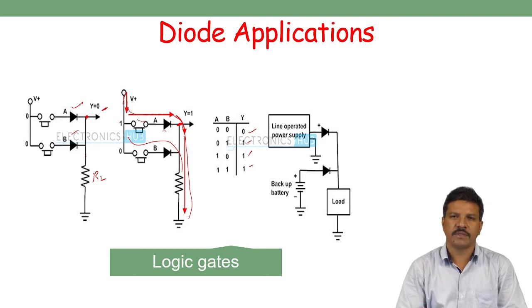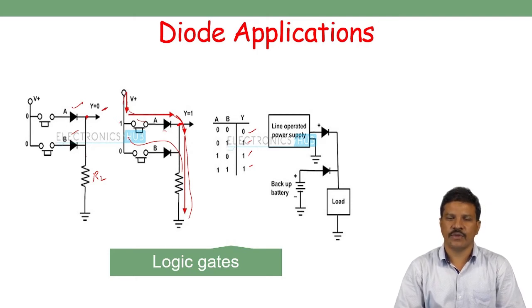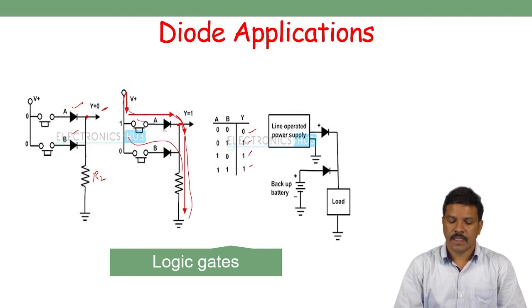Similarly, many types of logic gates we can connect through diodes. So the basic gates, AND gate, OR gate, NOT gate, we can achieve these logic operations and the logic truth tables for those respective gates. These kinds of applications we can see from diodes.